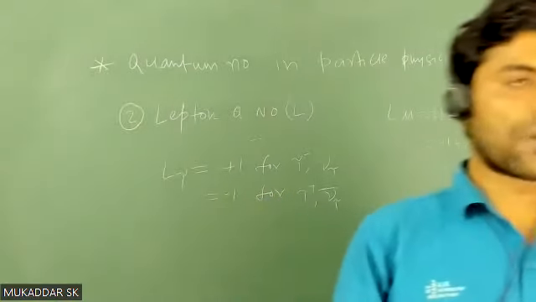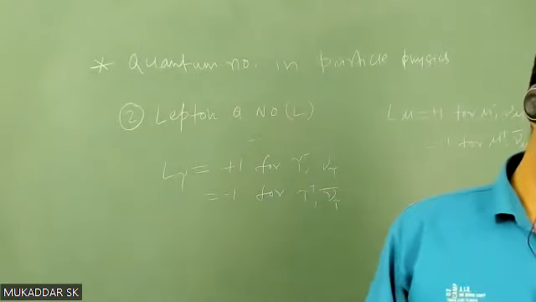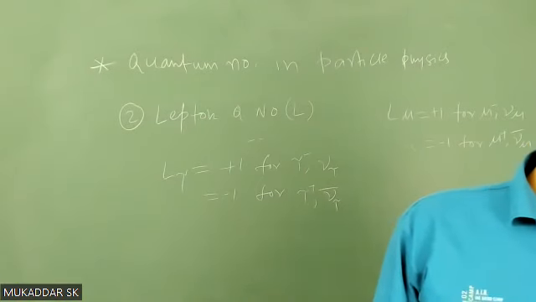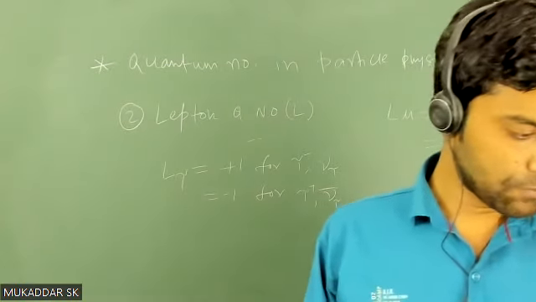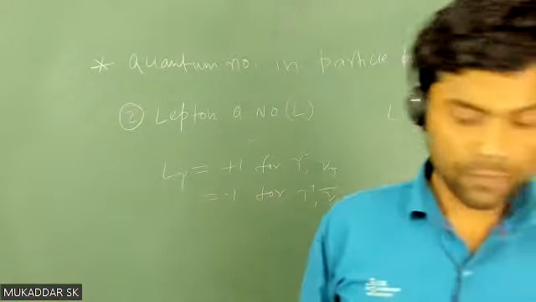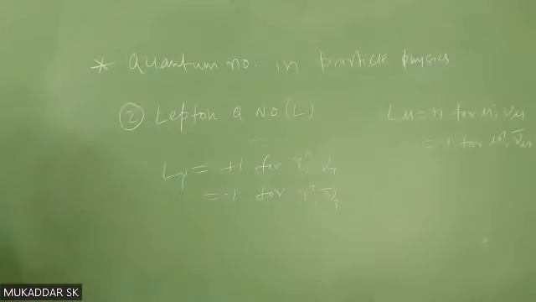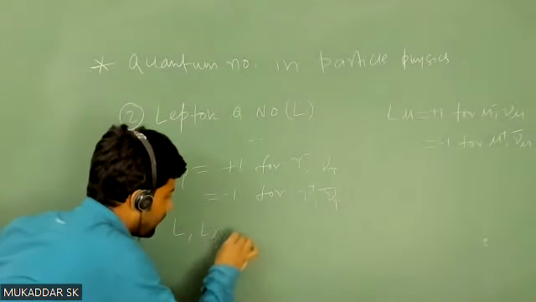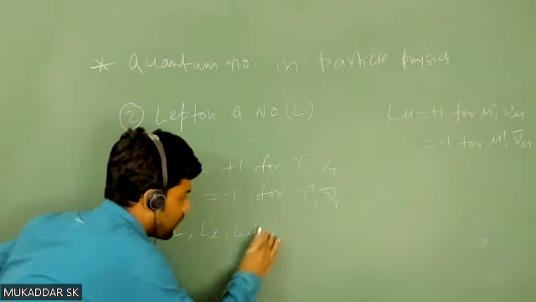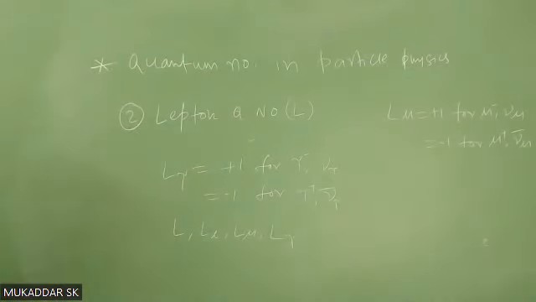Again, lepton quantum number is additive in nature, and L, Le, L mu, L tau should be separately conserved for any allowed interaction.